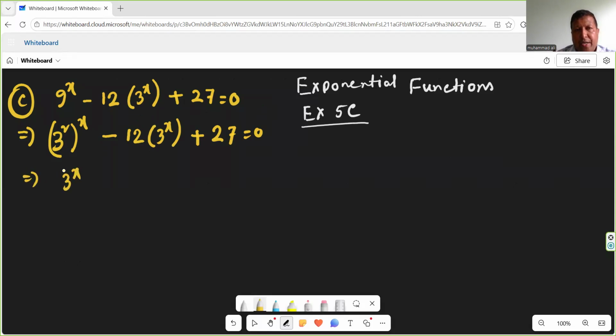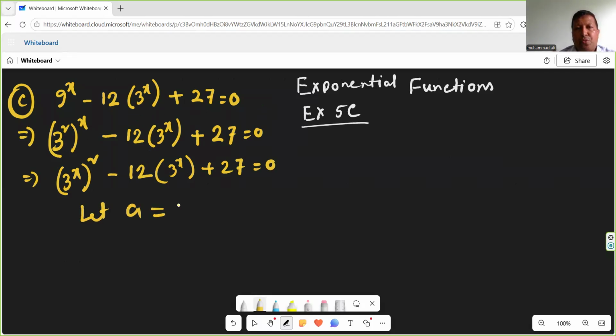So we can write it as (3 to the power x) whole squared minus 12 times 3 to the power x plus 27 equals 0. So let a equal 3 to the power x. So we will write a squared minus 12a plus 27 equals 0.